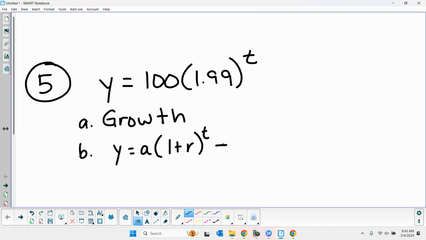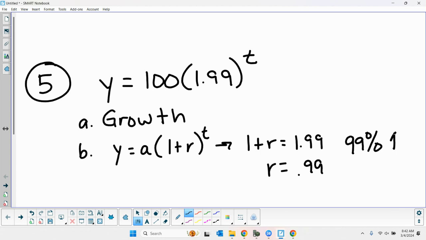Well, 1 plus r is 1.99. Oops, forgot my equal sign. So what's r equal? 0.99. Which as a percent is 99%, and that's an increase, right? And most of you could have just done that in your head, right?